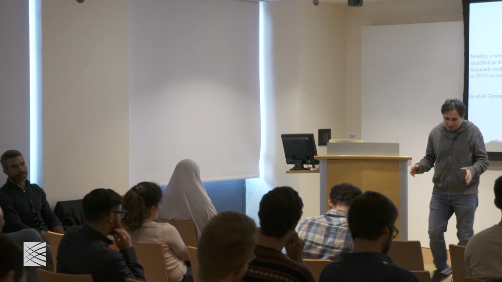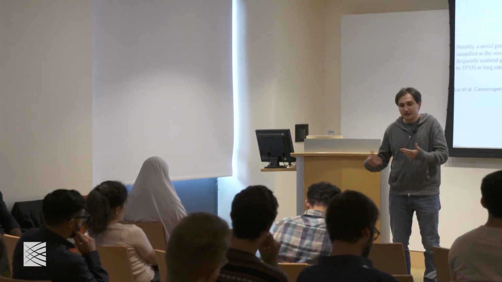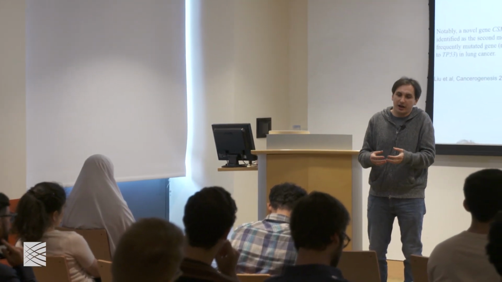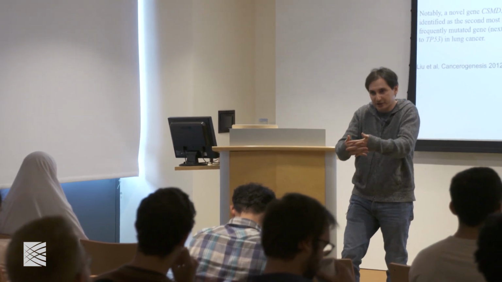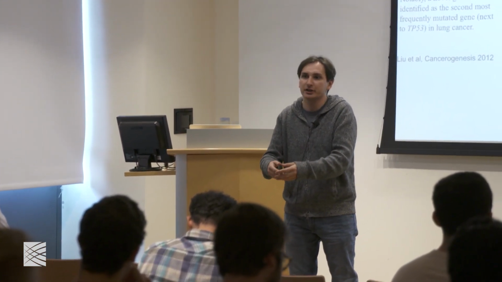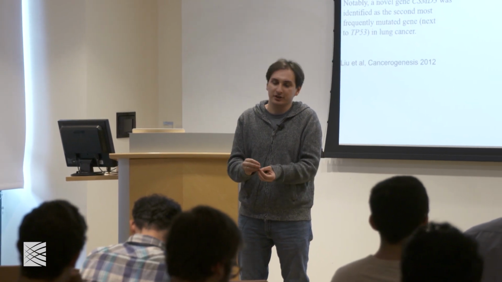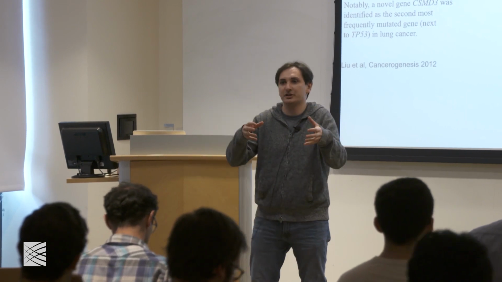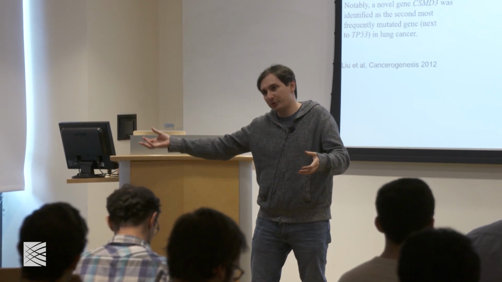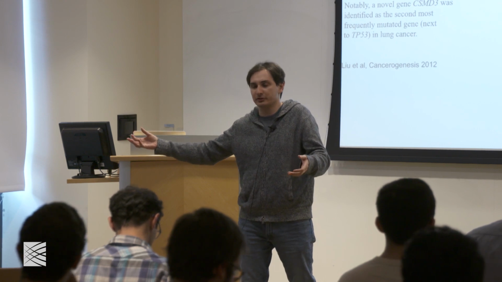Definitely, you can use dN/dS, and dN/dS actually assumes that you normalize by neutral mutation rate, right? You compare the number of mutations in positions that affect gene function versus positions that don't affect gene function. So you basically normalize on the mutation rate that you consider to be neutral.